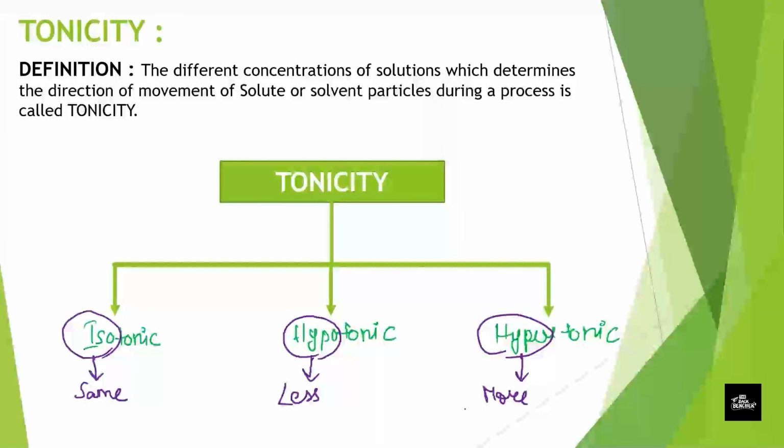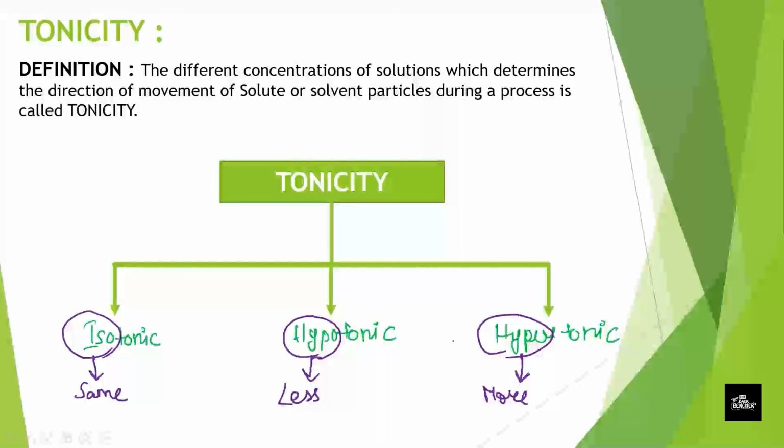If you remember the meaning of these important terms, it will help you a lot in further studying of science. You all have heard this term iso in chemistry a lot of times: isomerism, isomers, isobars, isotopes, all these things. That means they belong to the same group, the same type. That's why iso means same. Second is hypo. Anything hypo means less, and anything hyper means more.